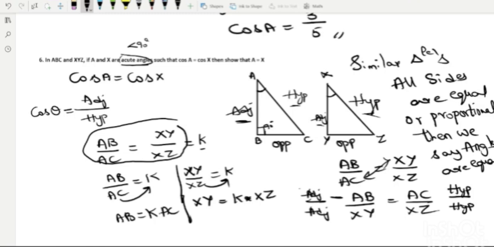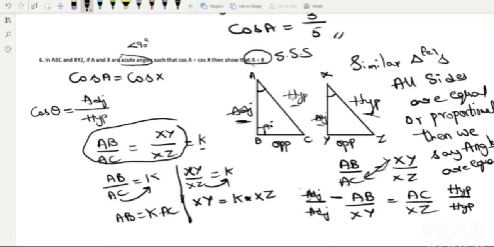The angles are equal. Here the question is asking us to prove angle A equals angle X. So as per the similar triangles rule, if all the corresponding sides are proportional to each other, then the angles would be equal as per the side criterion theorem.